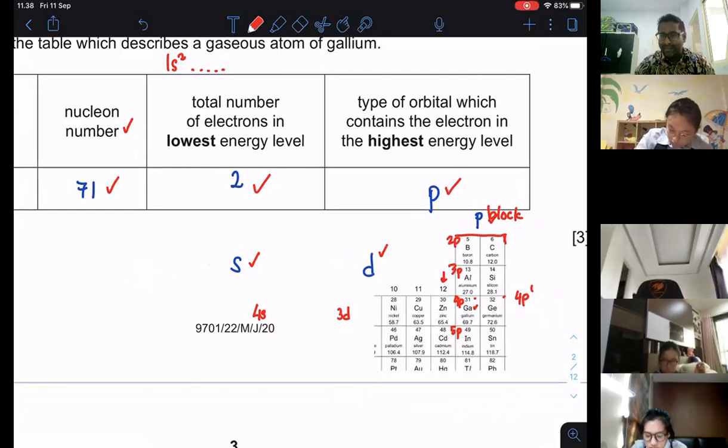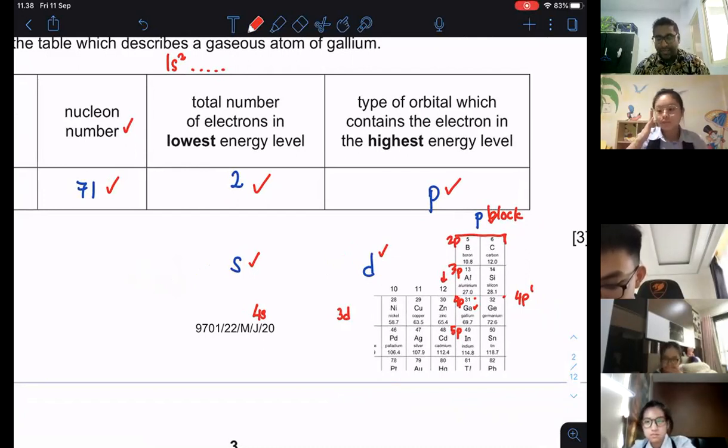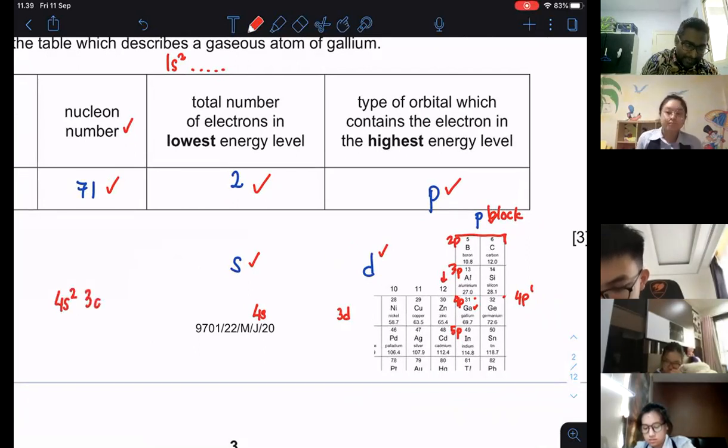I think there is some kind of contradiction over there. How do we remove the electron from the lowest energy level? We are talking about different energy levels here. For example, if you have a transition element like zinc, zinc is 4s2 and then 3d10.